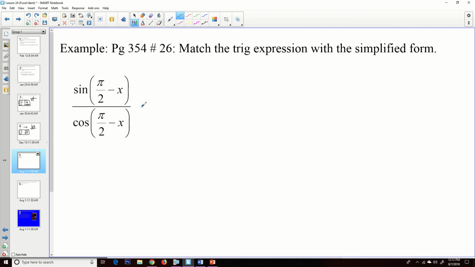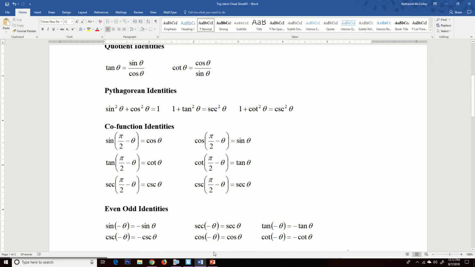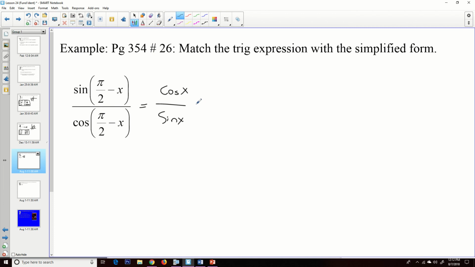Well, this one here becomes cosine x, and this one here becomes sine x. And then if we use the quotient identity, we can reduce this quotient, cosine theta over sine theta, to cotangent theta, but since we're using x, we should say it's the cotangent of x. And there we have simplified.